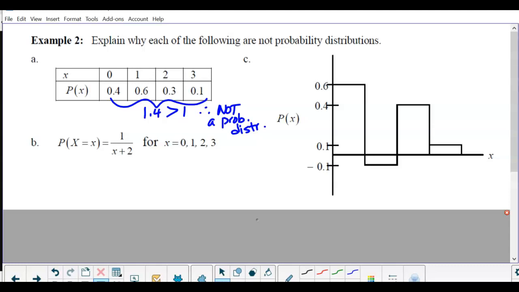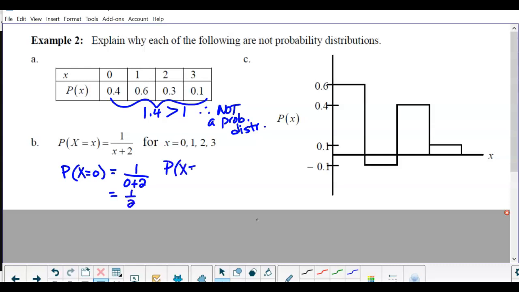Next one, there's a formula for calculating the probability here. So if x equals little x, where little x is 0, 1, 2, or 3, this formula will give us the probability. So the probability of x equals 0 will be 1 over 0 plus 2, which is 1/2.